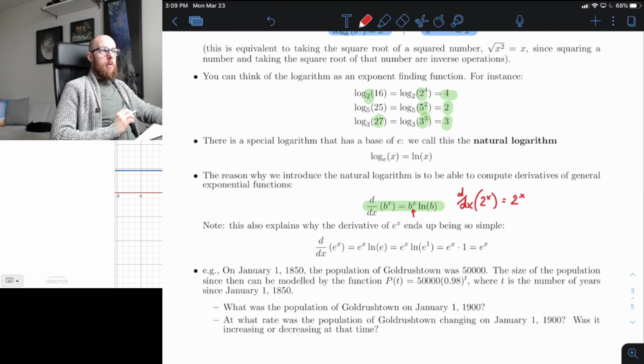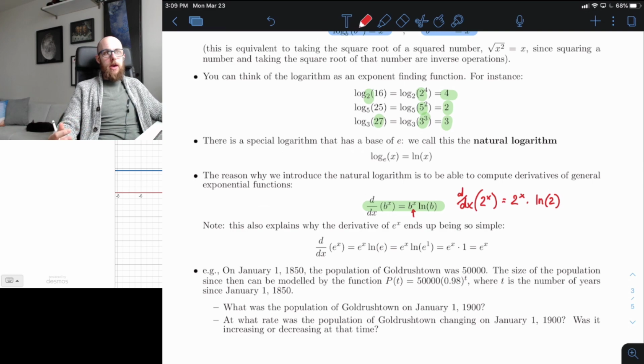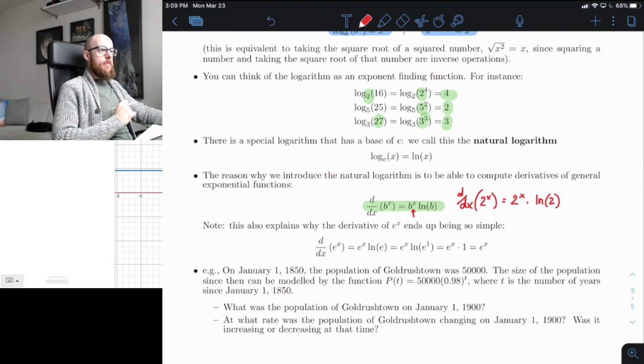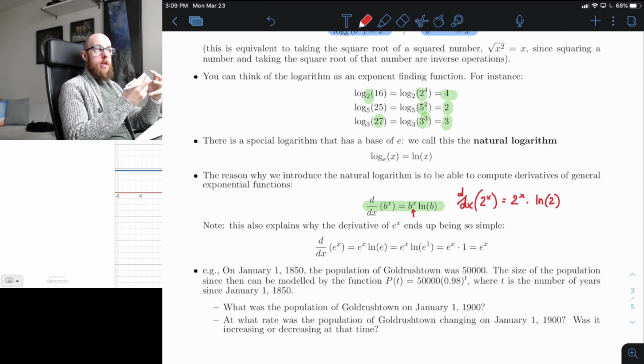But I have to remember to tack on a ln of 2, so I multiply this entire thing by ln of 2 to follow along with this formula. The rule itself isn't super complicated. It's just something you have to remember to tack on at the end.